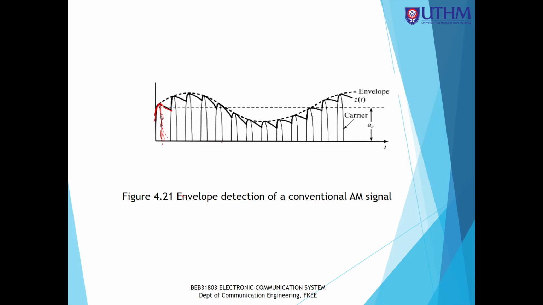This is when the RC tank circuit discharges, and then in the positive cycle the RC tank circuit will be charging again, and then it will discharge by slowly varying like this. It will slowly prevent the signal from going down. Charging, discharge, charging, discharge, until the end.